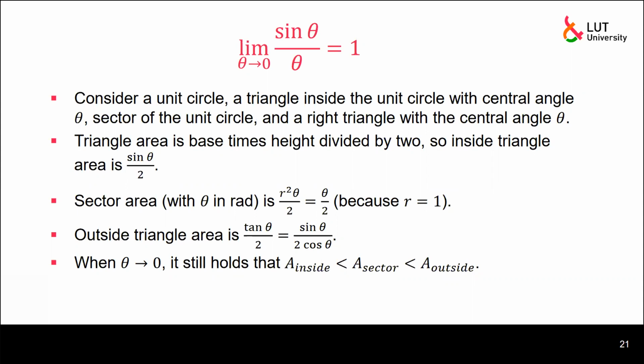And now we're going to manipulate the equations of the areas found in the unit circle in such a way that we can show that one of the areas with a certain multiple ends up being sine theta over theta, and by comparison to other areas, one of which is always smaller than the reference and one is always larger than the reference, those smaller or larger ones end up being 1 when we go to 0.